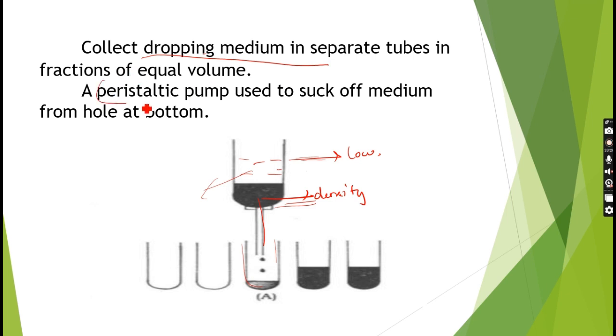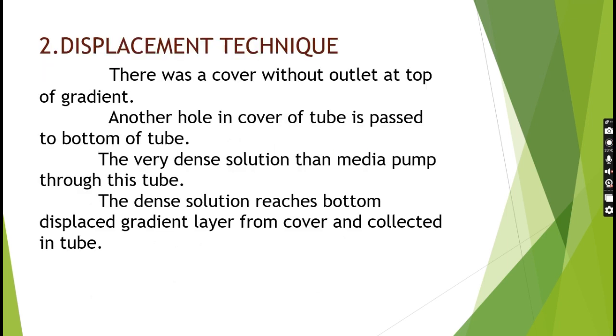A peristaltic pump can also be used for sucking the medium from the hole. Clogging can be possible, which is not possible if a peristaltic pump is used. Next, the displacement technique.